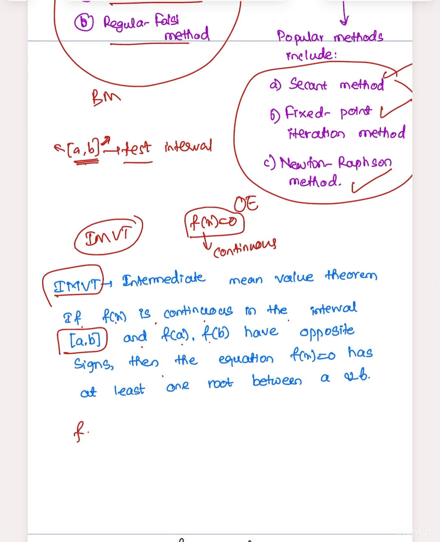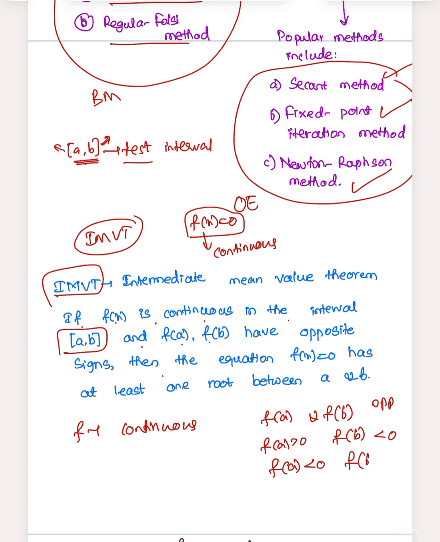This means f is continuous, and opposite signs means f(a) is greater than 0 and f(b) may be less than 0, or sometimes f(a) is less than 0 and f(b) is greater than 0. Then there will be at least one root in the interval AB.